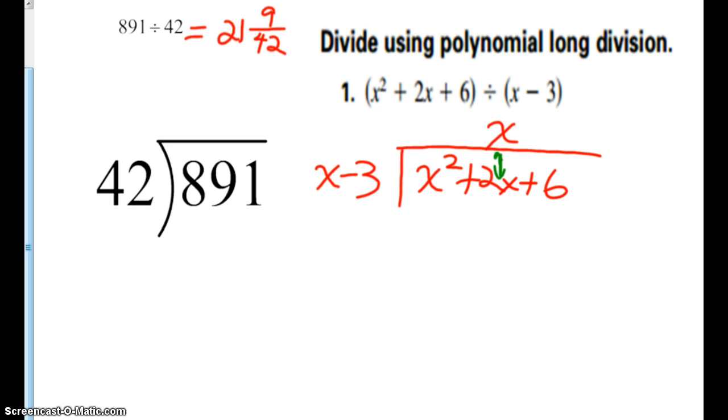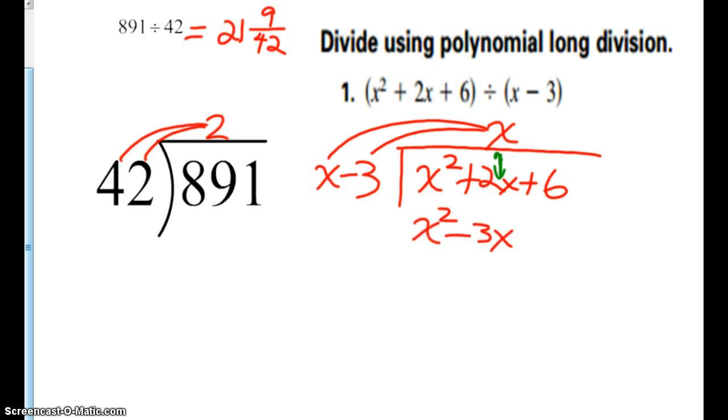Okay? Now, when I multiply, I'm going to multiply the x times the x and the x times the negative 3. Just like I multiplied that 2 times the 4 and times the 2. When I multiply that, I get x squared minus 3x. Now, when I multiplied the 2 over here and I got 84, what did I do next? I subtracted.